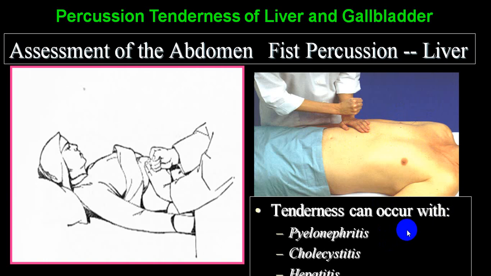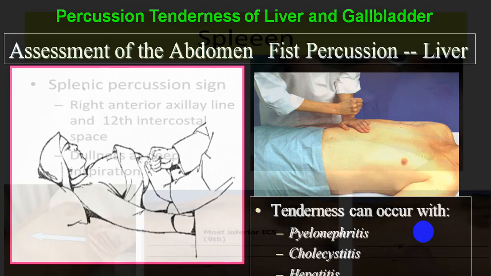Do remember that tenderness can be found even at the renal angle if there is a pyelonephritis or a perinephric abscess. Some of the liver enlargement may be tender, particularly amoebic liver abscess, pyogenic liver abscess, acute infective hepatitis, even secondary metastasis. Also in case of a primary hepatoma, liver may be enlarged and tender.